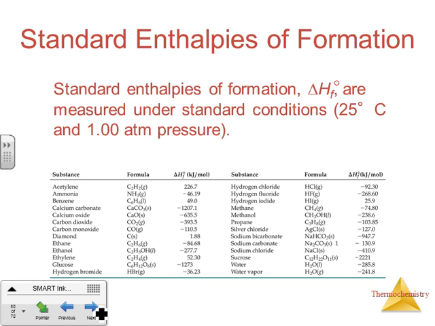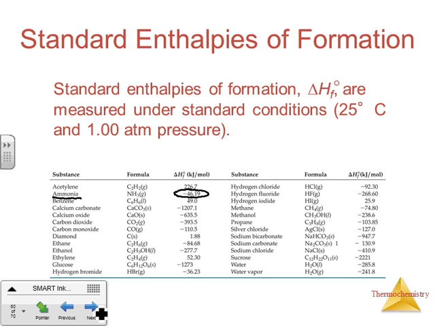Here are some standard enthalpies of formation, standard heats of formation, okay? So for example here, with this acetylene, this C2H2, or actually let me do ammonia, because I think the C2H2 comes up later on in one of the sample problems. So this ammonia right here, the NH3, its delta H of formation is negative 46.19 kilojoules per mole, okay?